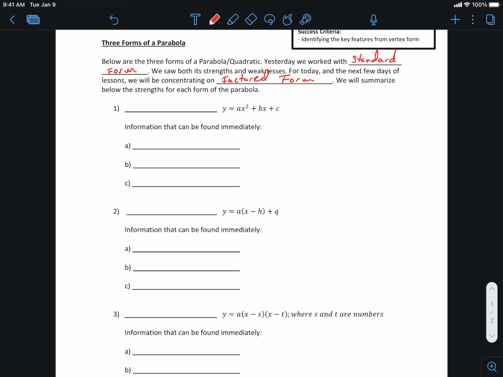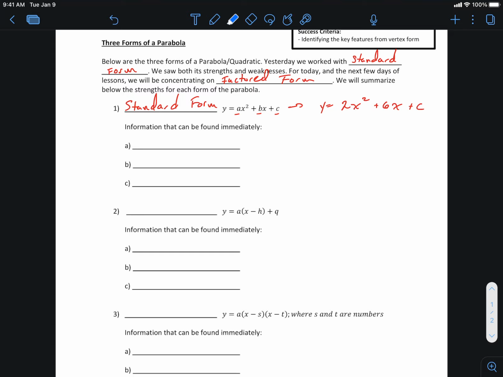We called this yesterday standard form. You remember A, B, and C were just numbers. That's nothing fancy. You have x's and y's, that's your normal variables, and then A, B, and C were just numbers. So we saw yesterday one of them that could have looked like this.